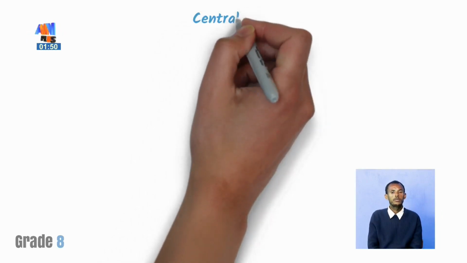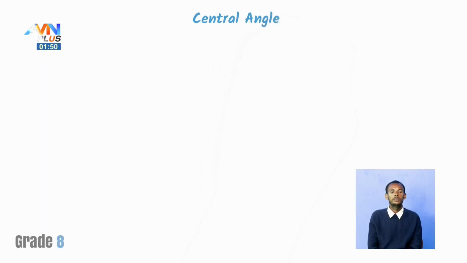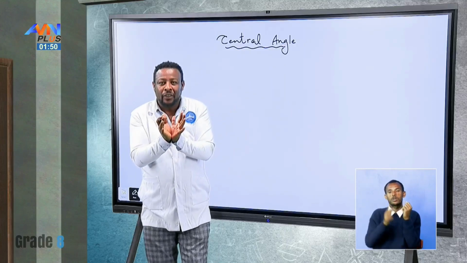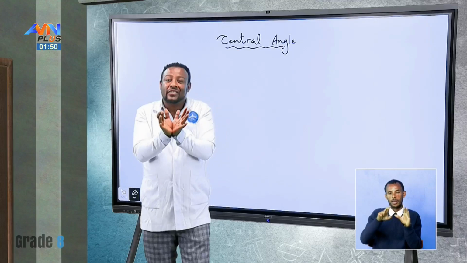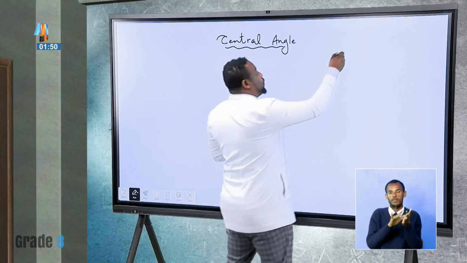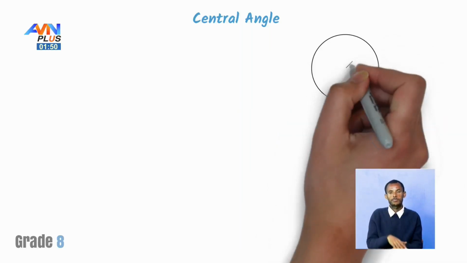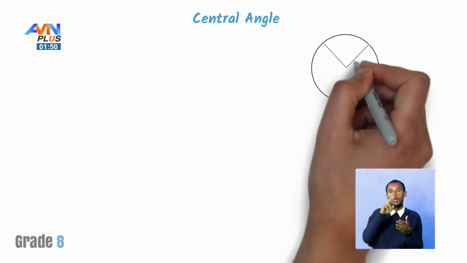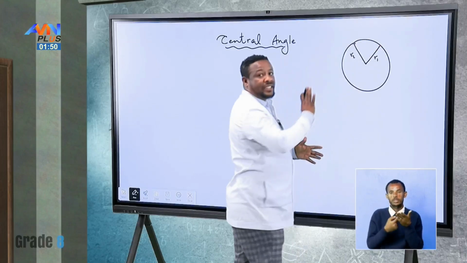Central angle. A central angle is an angle formed by two radii, where those radii intersect at the center. For example, if you have a certain circle like this, say we have two radii, R1 and R2. Usually these two are the same.